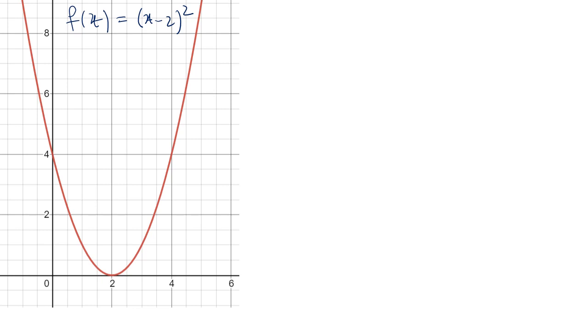I will solve now exercise 4 part B, which asks us to find an inverse for the function f of x equals (x minus 2) squared. The first step is to find a restriction of the domain of f on which the function is 1 to 1.